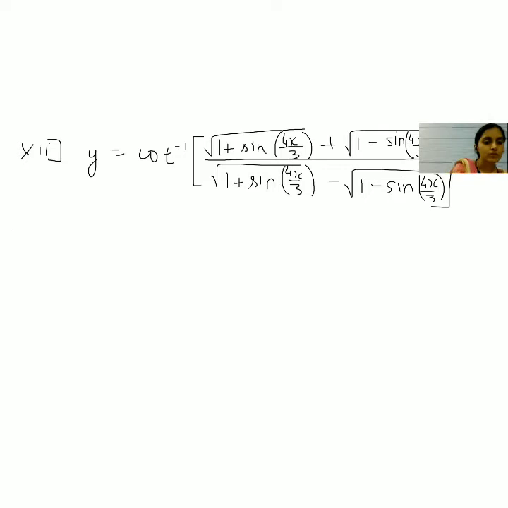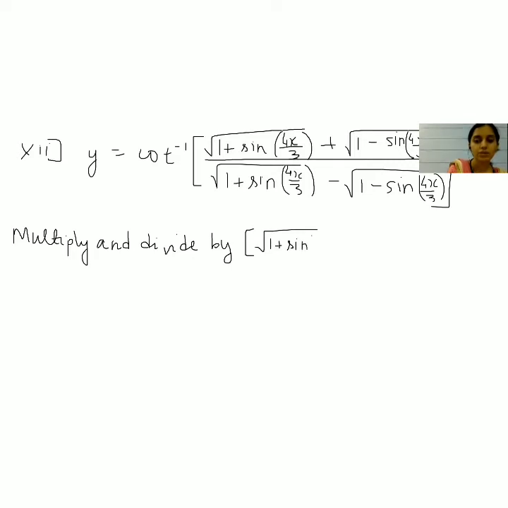So we'll have to write over there multiply and divide by root of 1 plus sine 4x by 3 plus root of 1 minus sine 4x by 3. Okay. Basically, we are rationalizing over here.